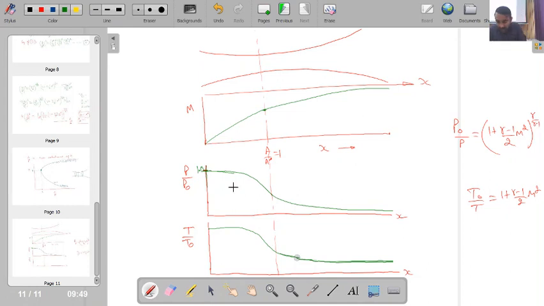I just want to mark over here what this magnitude is. Let me know the values. 0.528.